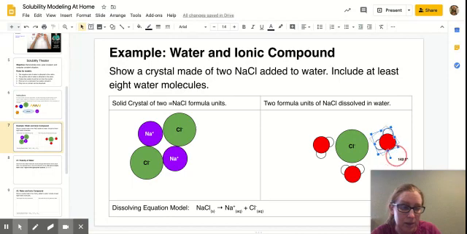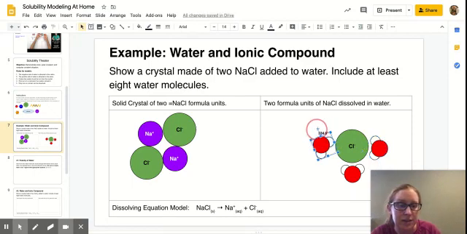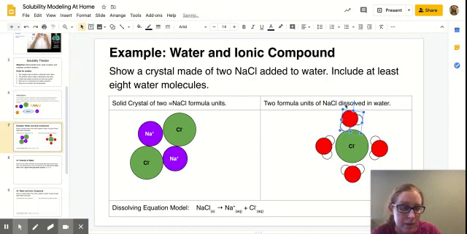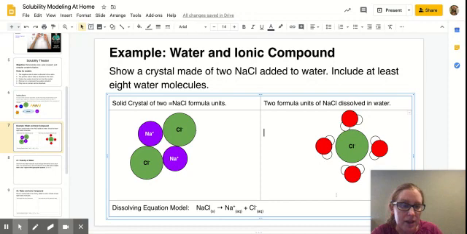A little bit more. And then last but not least, since it takes 4 to completely dissolve, we need to put one more here. And there's my hydration shell around the Cl-.